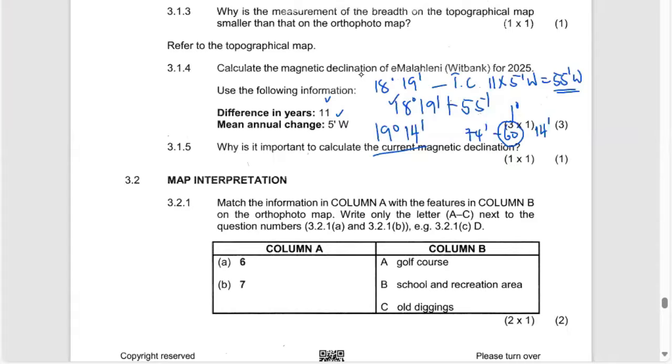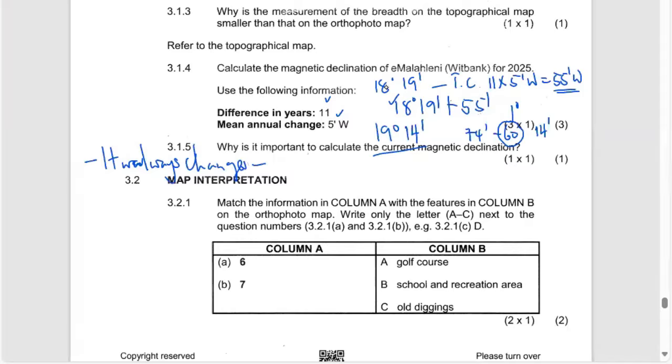Why is it important to calculate the current magnetic declination? For the reason that it always changes. We understand that the angle always changes, so we need to calculate the current one.